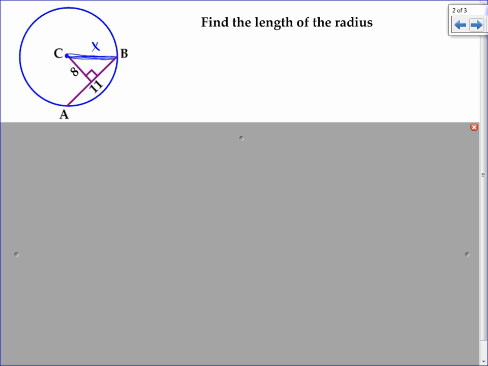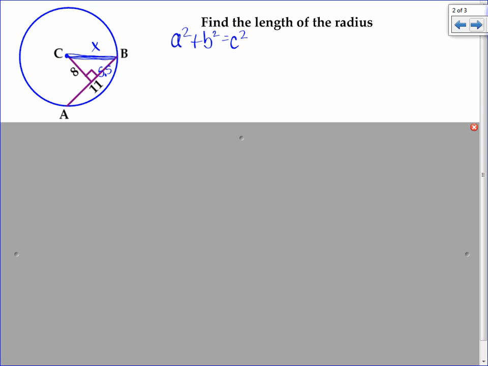Ideas on what we could do? Yep. A squared plus B squared equals C squared, plus B is 11 divided by 2. Yes, this 11 right here, which we learned on the previous slide, gets cut in half if there's a right angle from the center. So this right here is actually 5.5 on that right triangle.